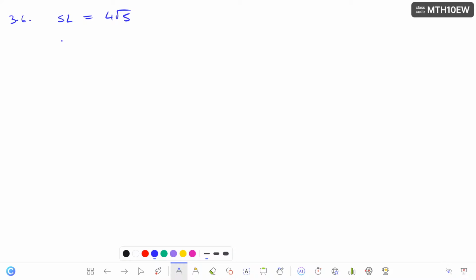So LN is going to be, since you know the formula, I'm not going to write the formula, I'm just going to substitute. So you're going to substitute -4 minus -2 squared plus 1 minus -3 squared.